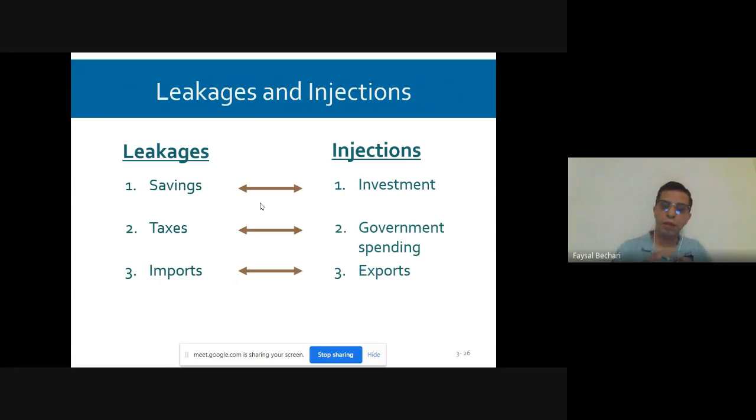The leakage comes from saving, paying taxes, and importing. Injection is foreigner investment or local investment, government spending inside the country, or exports to outside.